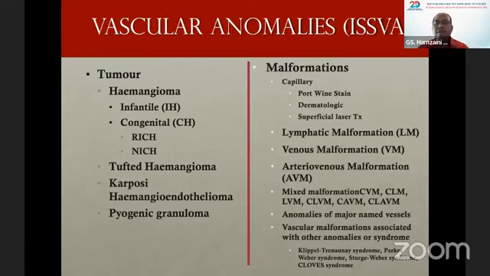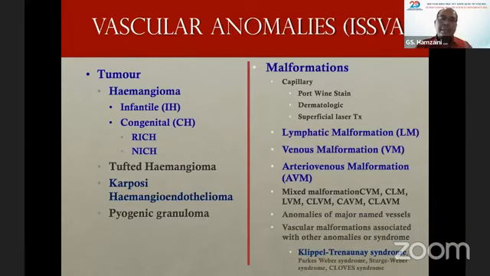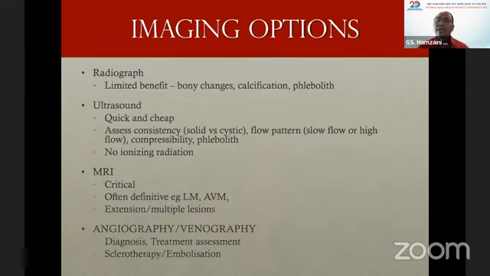So these are due to anomalies of major named vessels, and then some of the vascular malformations are associated with other anomalies or syndromes, for example, Klippel-Trenaunay syndrome, Parkes-Weber syndrome, Sturge-Weber syndrome, and CLOVES syndrome. Okay, but for today's presentation, I will focus on the lesions which are highlighted in blue, and we will go through each of the malformations and also vascular tumors.